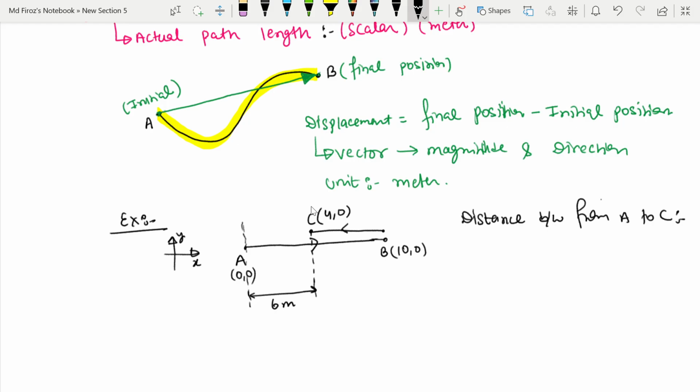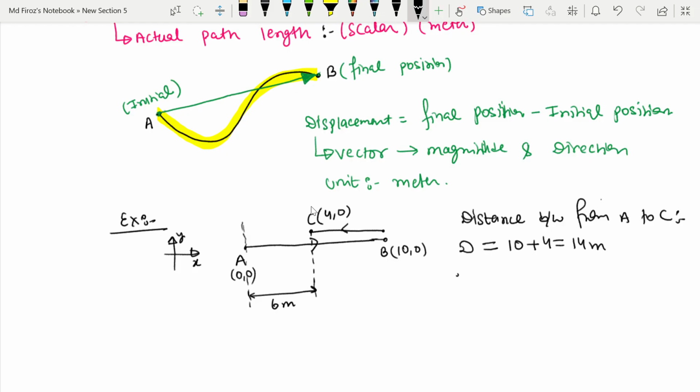So first it goes from A to B. The distance is represented by the capital letter D. So from point A to B, it will be 10 meters, plus point B to C, it will be 4 meters. That is, the total distance is 14 meters.